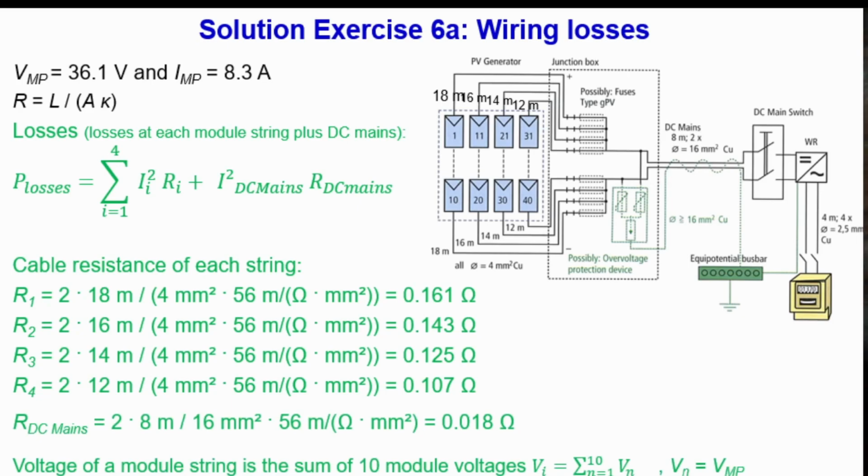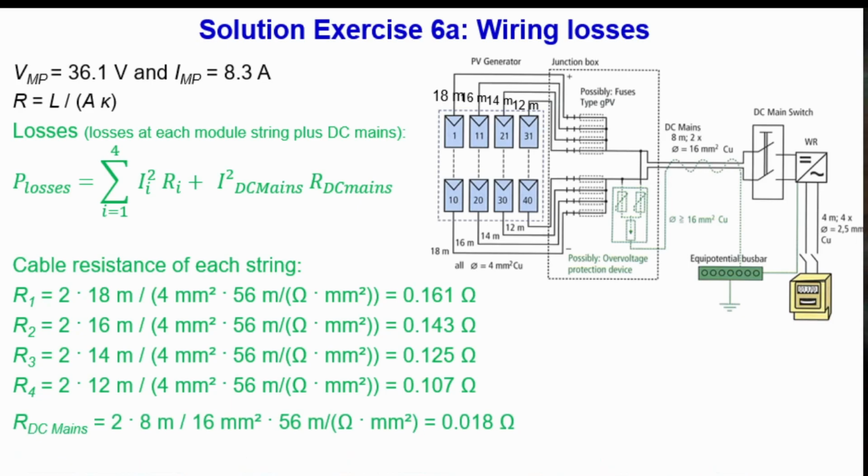The DC mains has a much higher current, but the diameter is also much larger. It's 4 times, so it's 16 square millimeters, and so the diameter is not 4 times, but the cross-section area is 4 times. The distance is 8 meters, and the according resistance is 0.018 ohms.